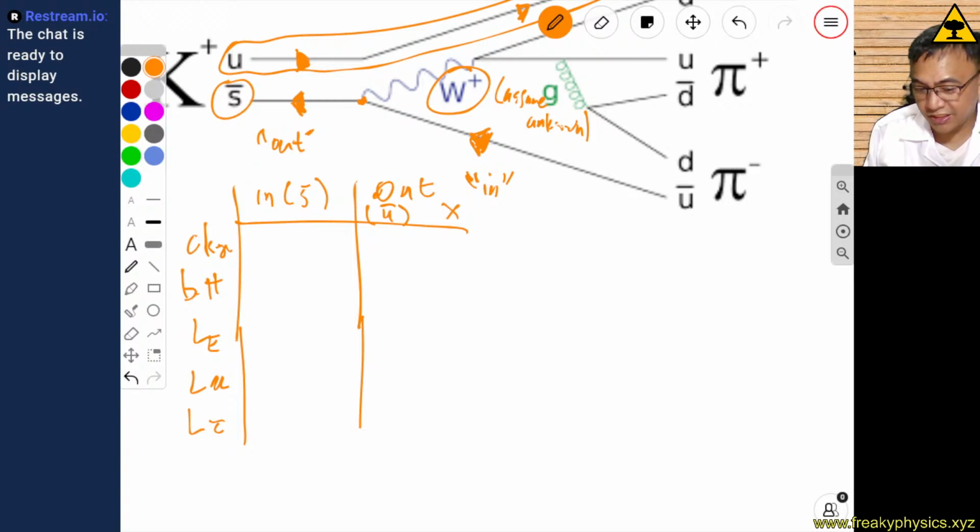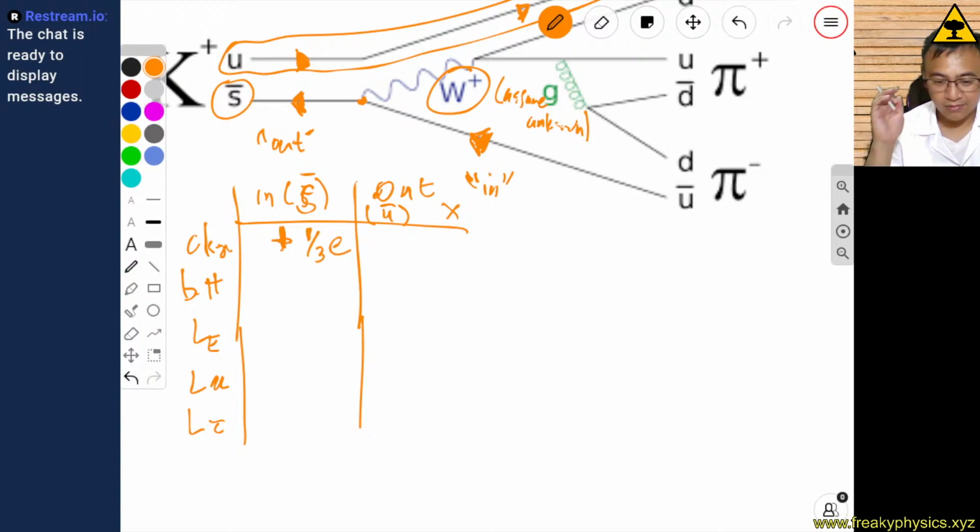The strange quark by itself sounds strange, doesn't really sound positive. So the strange quark has a charge of negative, but because this is anti-strange, this is going to be positive, right? And for the positive charges, so this is going to be plus 1/3 E.